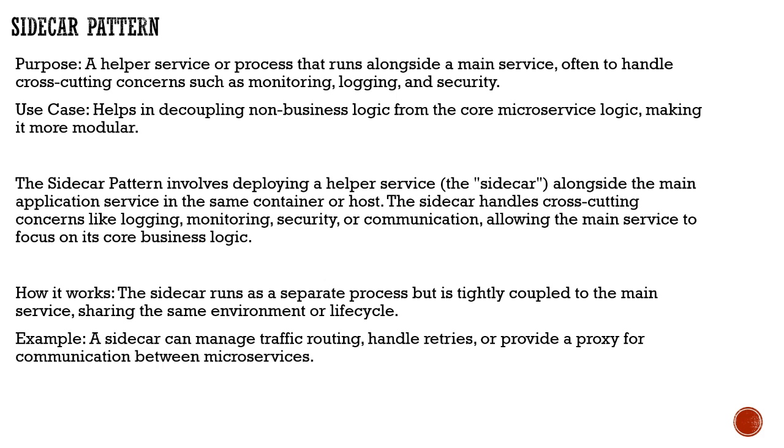It involves deploying this helper service as a separate process along with the main application, in the same container or on the same host, handling cross-cutting concerns like, as I mentioned, logging, monitoring, security, or communication, so that it runs along with the main service.